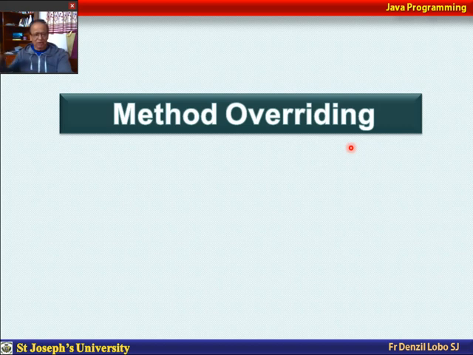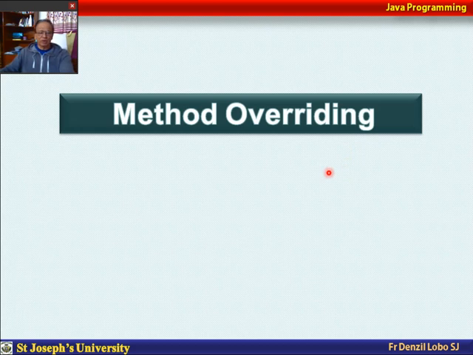Maybe one method has just one parameter, and a second method with the same name has two or three parameters, or even the constructors of a given class could have one parameter, no parameters, or two parameters, etc. And that was called method overloading.